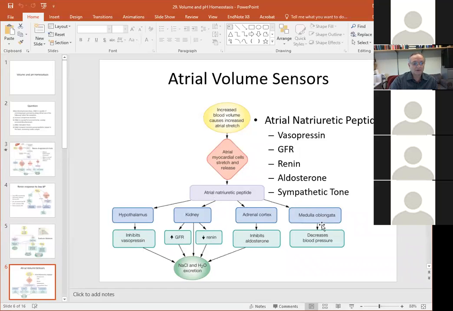It also, not just through the baroreceptor reflex, but directly through ANP binding in the medulla oblongata, the CBCC, also inhibits the sympathetic outflow so that you get a decrease in blood pressure to compensate for this water drinking binge you were on.